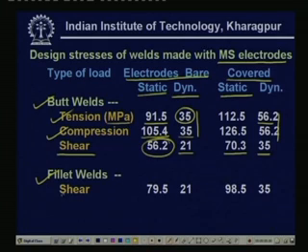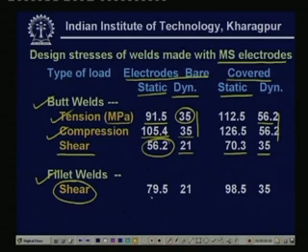For the fillet weld, normally we take only the shear, as I have discussed in the last two or three design criteria. The shear stress for static loading is 79.5, which is large compared to that of the butt weld, but the dynamic stress is almost the same. For the covered electrode it is 98.5, again higher than that of the butt weld, but the dynamic stress is the same. So, these are roughly the design stresses of welds.